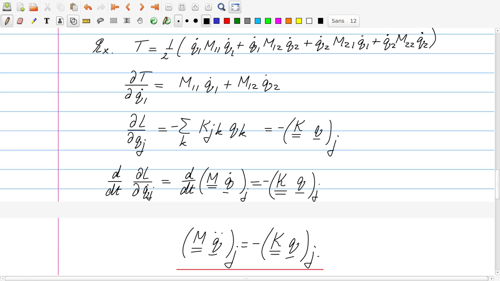So then we can write up the Lagrange equations of motion. We have d/dt dL/dq̇_j, that has this form here, M times q̇, and we take the jth component, and that should be equal to dL/dq_j, which, as we just have seen, is minus matrix K times vector q, and then the jth component.